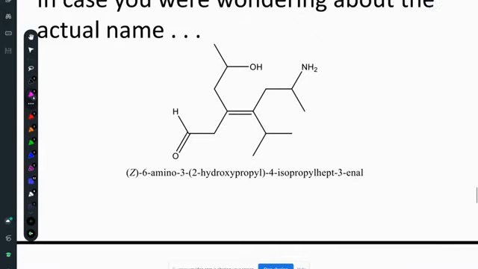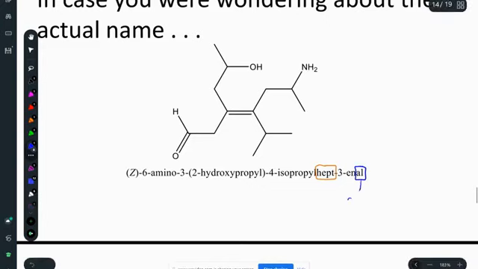So usually we're going to start toward the end of the name. And so my root here is hept. So that means there's going to be a 7-carbon chain that is going to be my principal chain. And the end of the name here is kind of a clue. I have al at the end of the name.